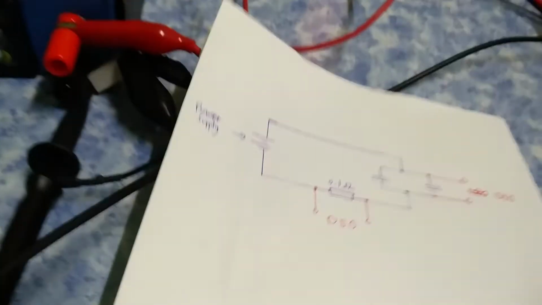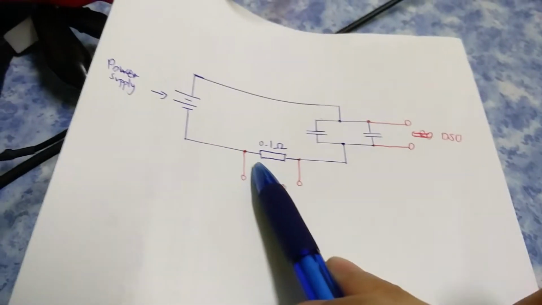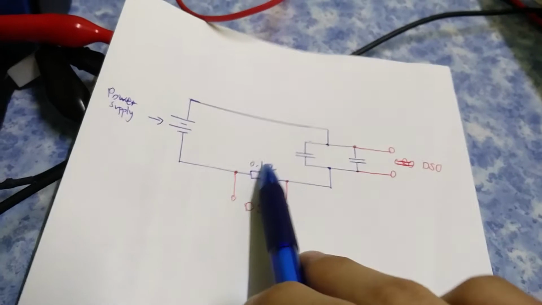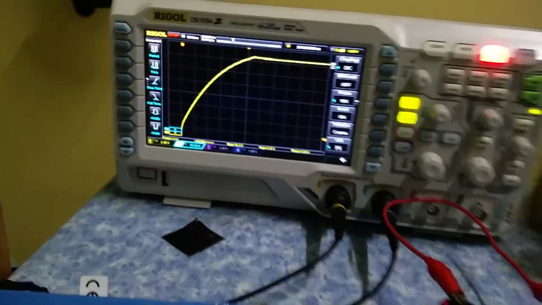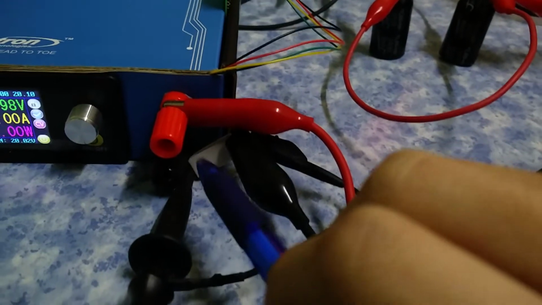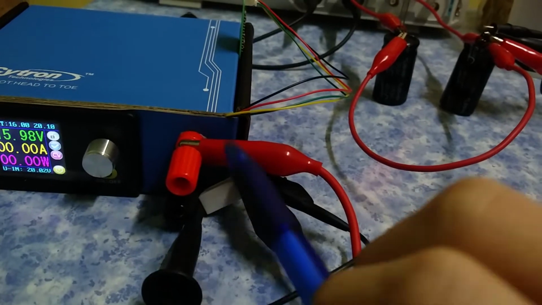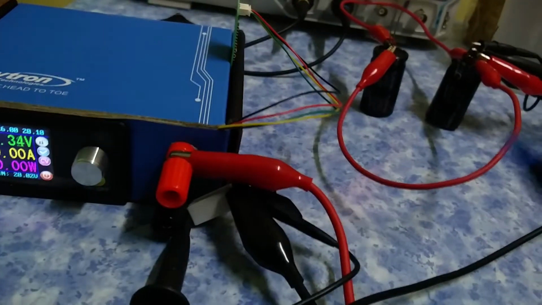By probing across the resistor with a fixed resistance value, we can calculate the current flowing through the resistor. That's what I have set up here on channel 2 of the oscilloscope, which will be measuring the voltage drop across the resistor.